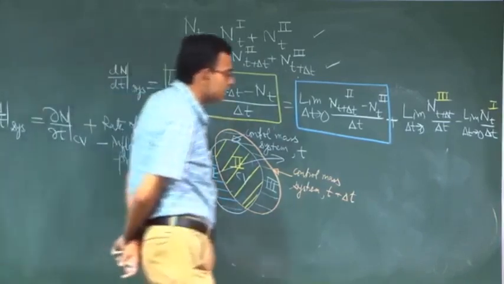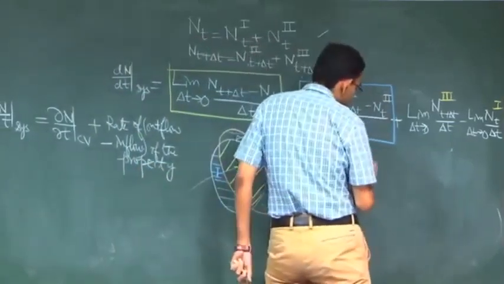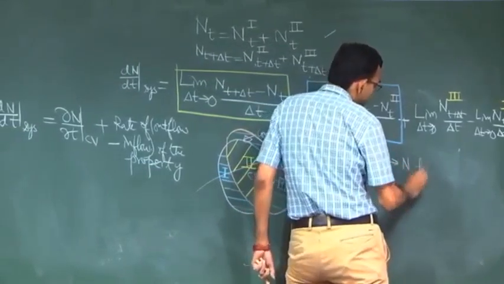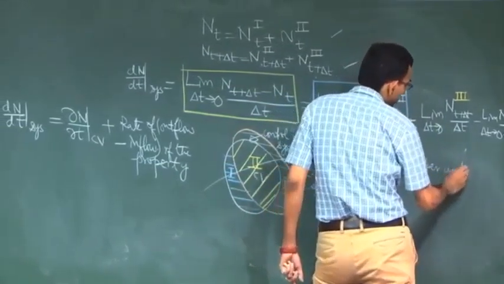Capital N being the extensive property, let us consider small n as capital N per unit mass, which is an intensive property.